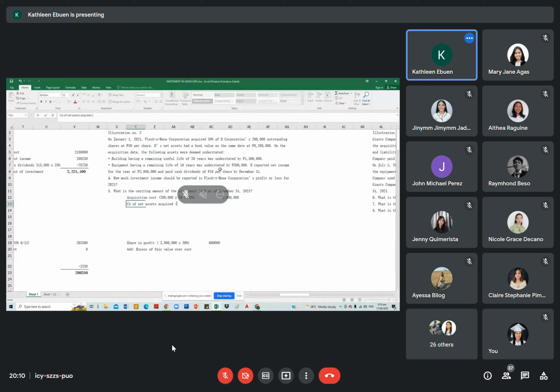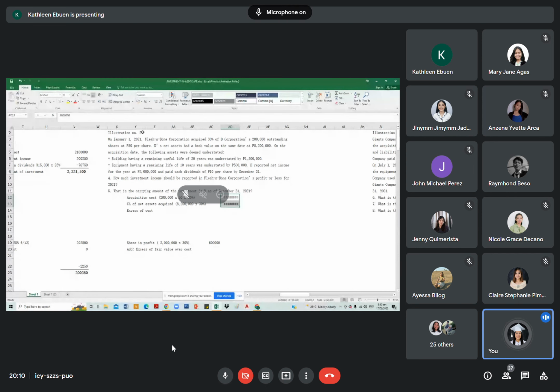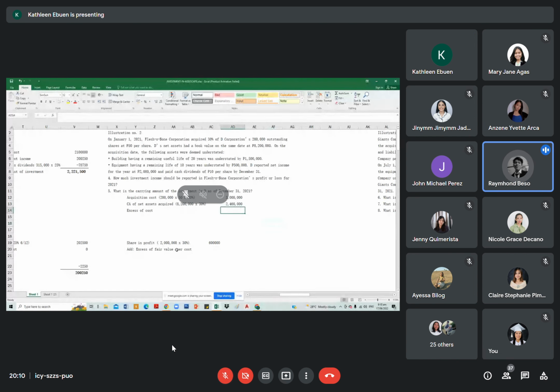We have 8.2 million times 30%. Magkano to? 2,460,000. Meron tayong excess of cost, no? Mas mataas yung cost kesa sa carrying amount, nang magkano? 540,000. So saan natin to i-allocate, class?